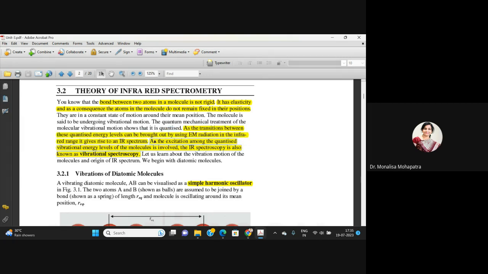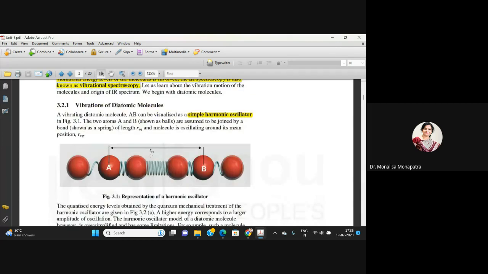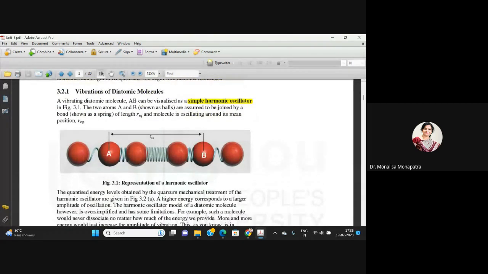As the excitation among the quantized vibrational energy levels of the molecule is involved, IR spectroscopy is also known as vibrational spectroscopy. So don't get confused if a question comes, write the basic principle of vibrational spectroscopy. You might think, I have studied IR, where is vibrational coming from? But vibrational spectroscopy is also your IR spectroscopy.